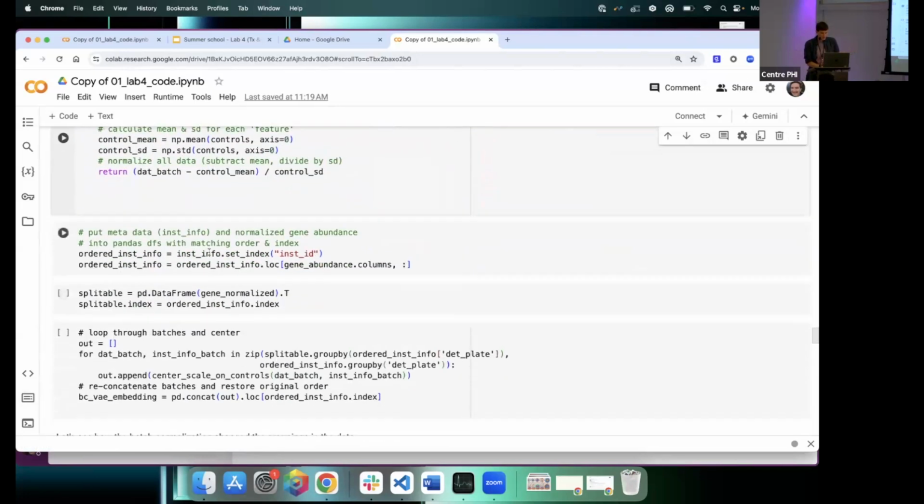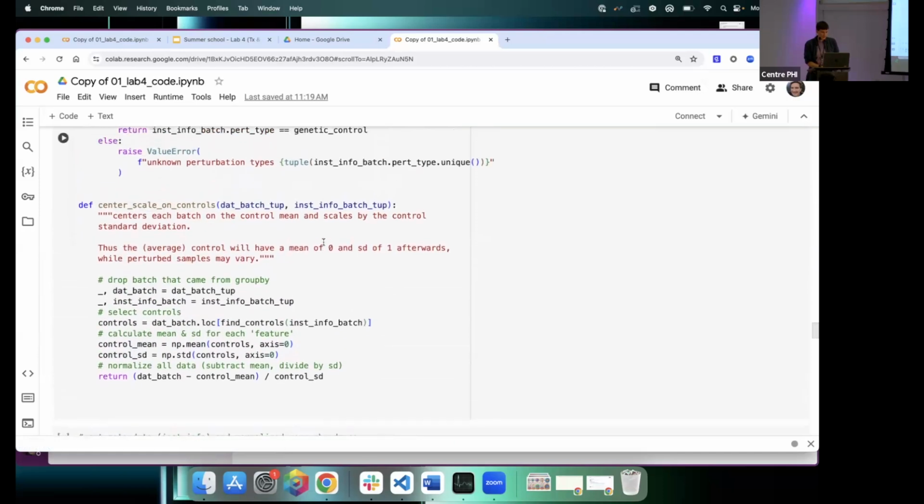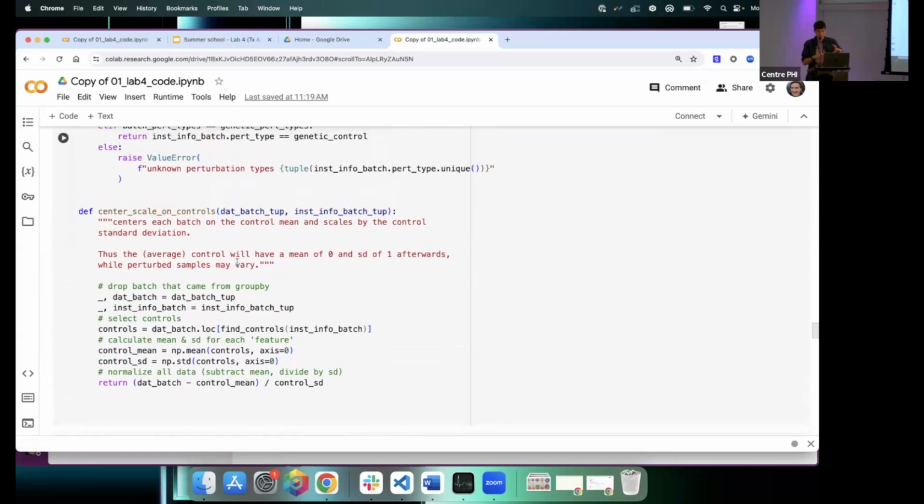Then we're later going to run this with group by. So once we have everything grouped by the experimental batch, and once we have that group, we're going to fit it in here for both the metadata and the actual data.